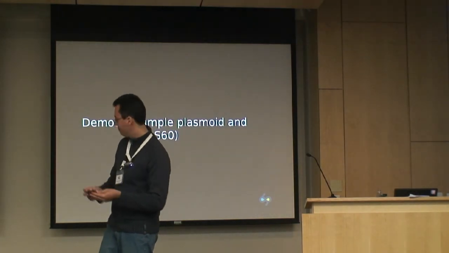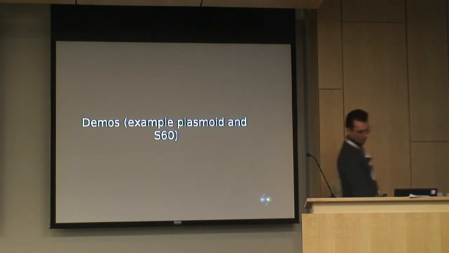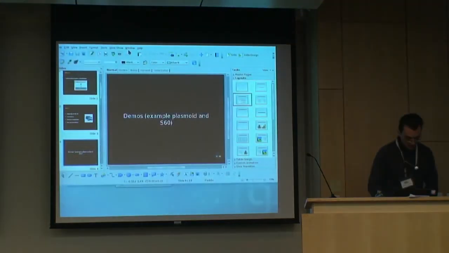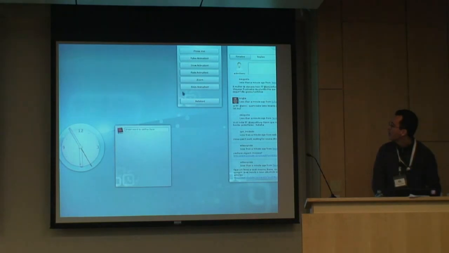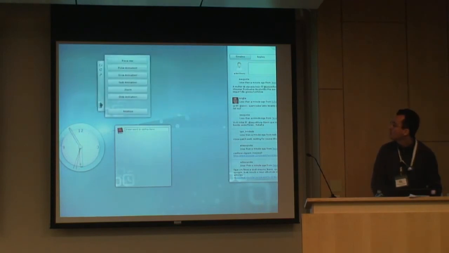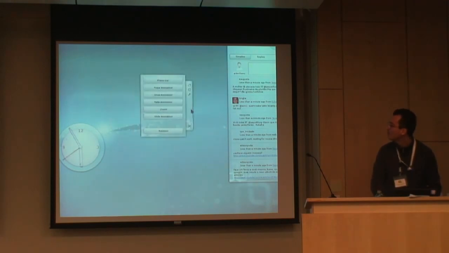So, okay, demo time, finally. What we have here is a plasmoid. I'm going to close this guy. It is in KDE examples, and it pretty much features the current animations that we have ready to be used.